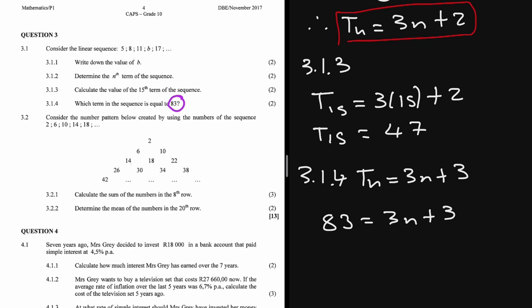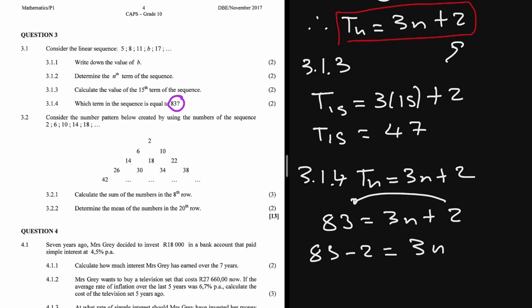I'm sorry, this is 2 here. Our general term here, this is 2. So we have plus 2 there, plus 2 there. If we put 2 to the other side, we're going to have what? 83 minus 2 equals 3n.